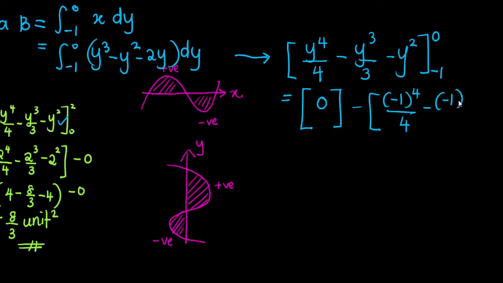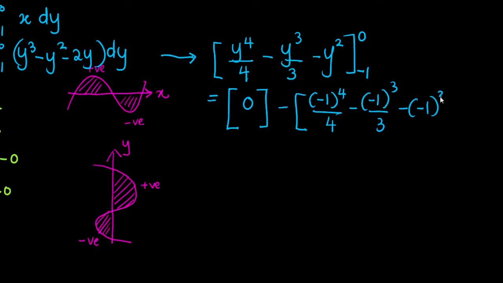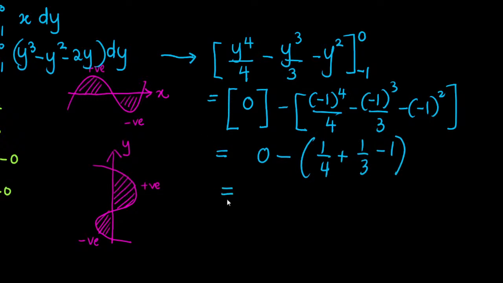So in this case we will get 0 minus 1 over 4 plus 1 over 3 minus 1. This one we will get 5 over 12 unit square.